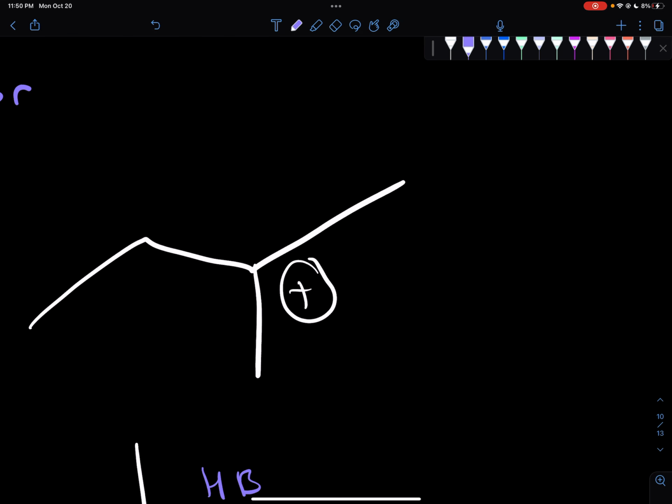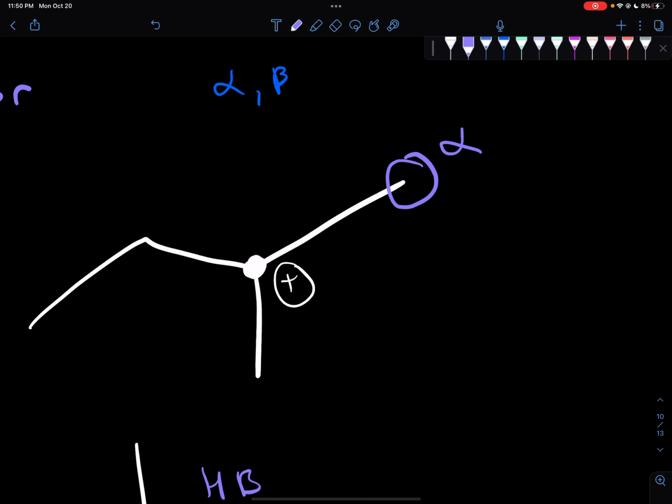I got this question from a couple people, where you heard about alpha and beta. When you say alpha and beta, it's in relation to something. So if I'm asking what's alpha to this carbon, it's the things next to it. So this is alpha, and this is alpha.